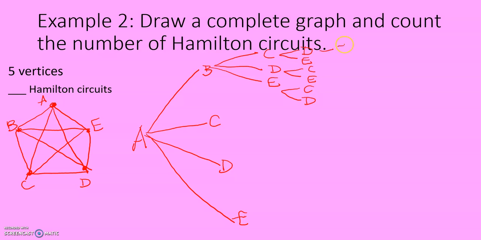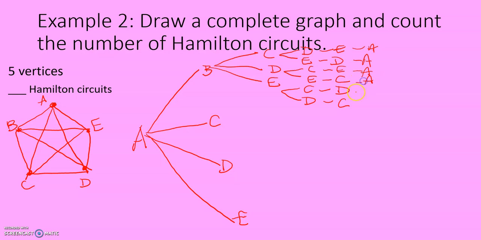The vertex not used, I should say, is D. A, B, D, C, E. A, B, D, E, C. A, B, E, C, D. Or A, B, E, D, C. Okay, this gives us 6, and then each time we have to go back to A to complete the circuit.